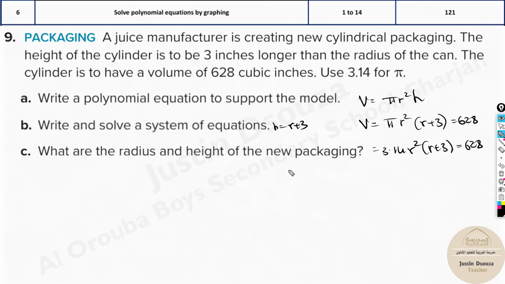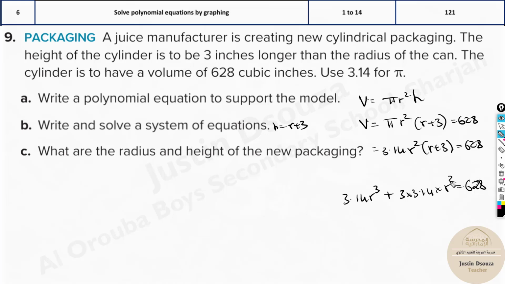Instead of multiplying and everything, you will have 4 options, right? Choose the correct answer. Substitute over here, you must get 628, just like what we did a while ago. Or you can multiply this and solve it up. It will be 3.14 r to the power 3 plus 3 times 3.14 into r squared is equal to 628.